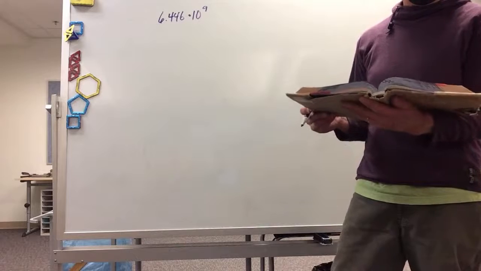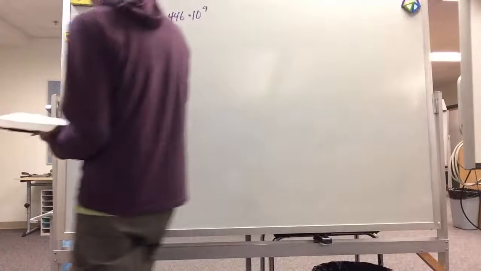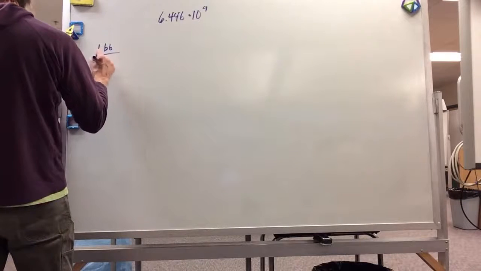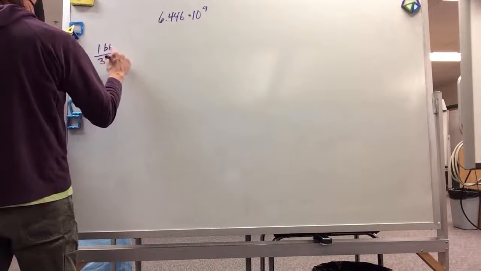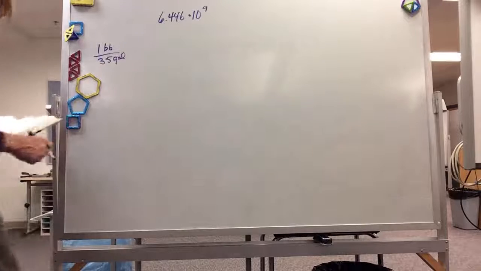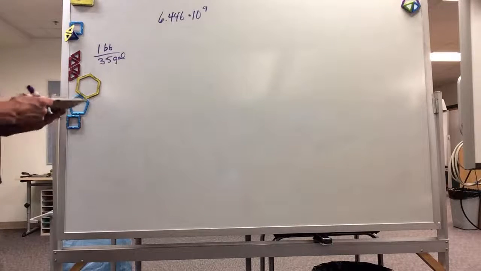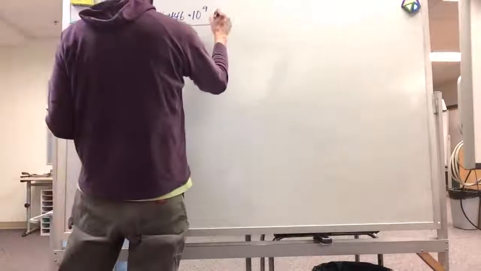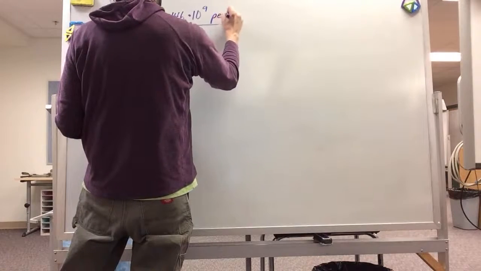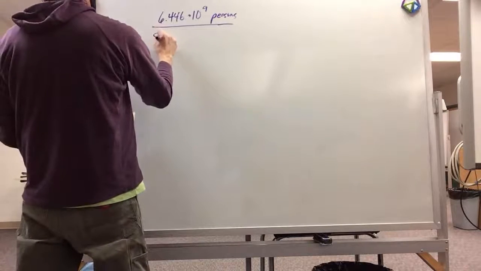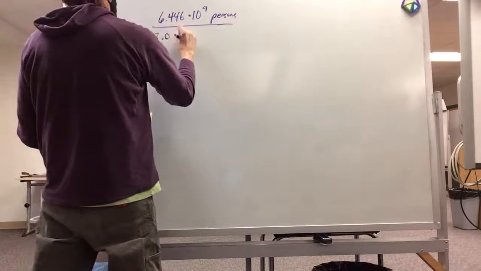And then a barrel is 35 gallons of oil. I'm going to write that: 1 barrel is 35 gallons. How many barrels of oil is this per person per day? So this is the number of persons, and this is the amount of oil.